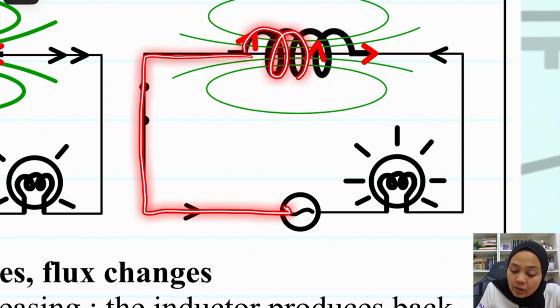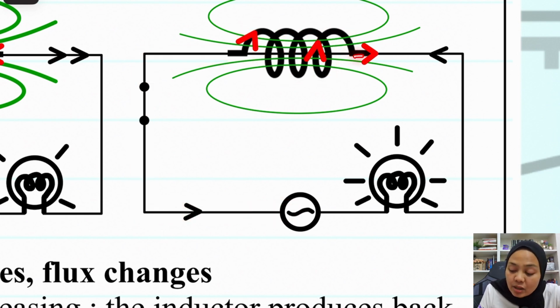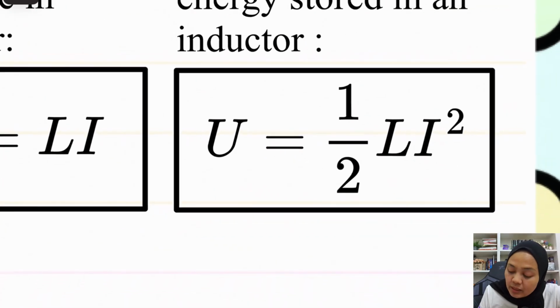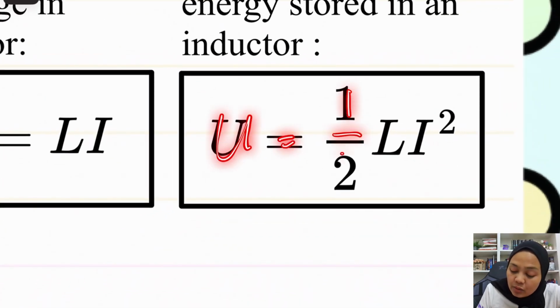The inductor uses its own energy and flows it back to the circuit, causing the bulb to light up. So the energy U equals half L I squared.